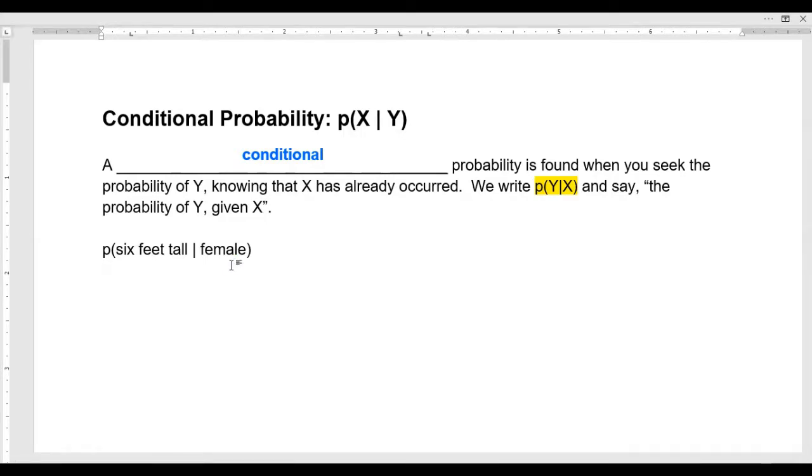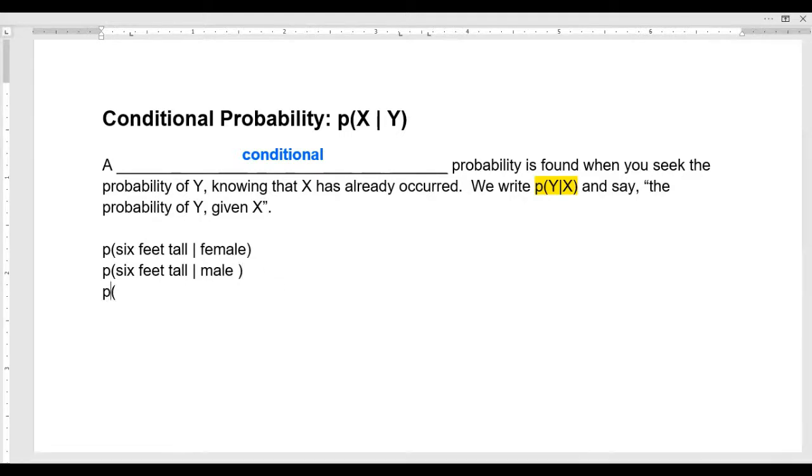Let's say instead of looking at a room of females, I'm looking at a room of males. What would be the probability that someone is 6 feet tall if I'm looking in a room full of males? So these two probabilities are likely to be different because men generally tend to be taller than women. So this is a situation where conditional probabilities make a difference if you know a condition or not.